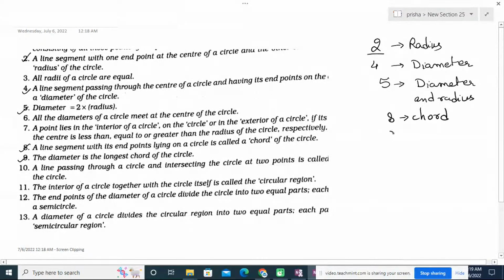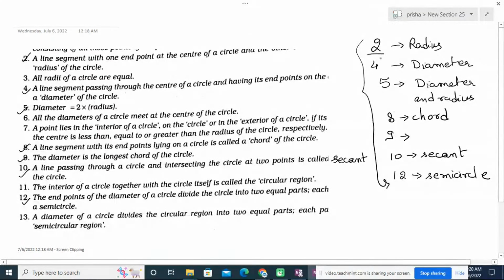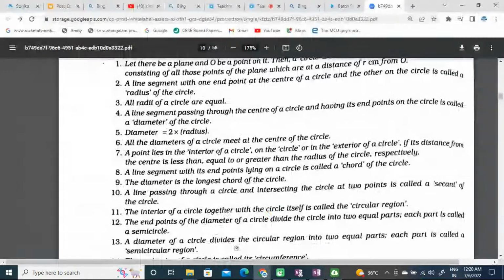The ninth point is very important: the diameter is the longest chord. Tenth point, secant of the circle. Now semicircle, point number 12. So all these points contain the different definitions which you have to go through. Now this lesson is finished.